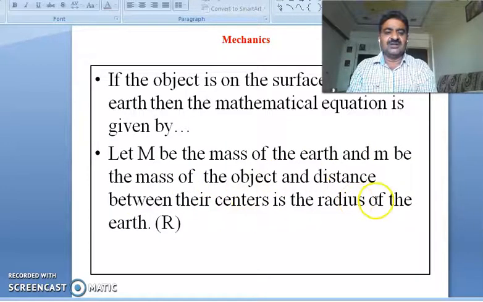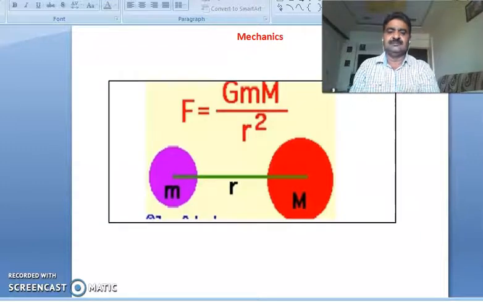Distance between their centers is nothing but the radius of the Earth, capital R. Then this relation between mass of the Earth, mass of the object, and radius of the Earth is what we have already seen.